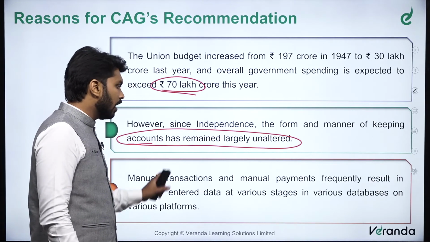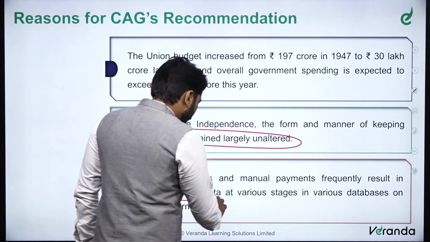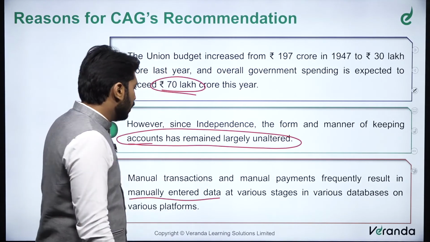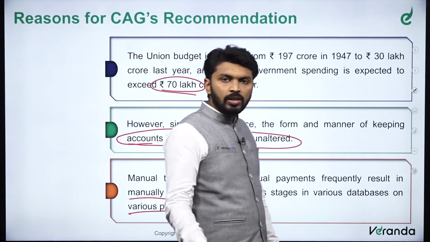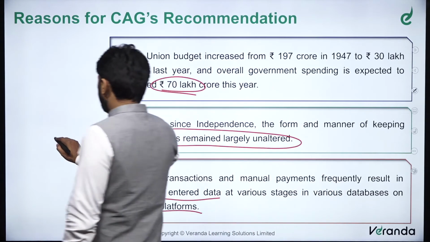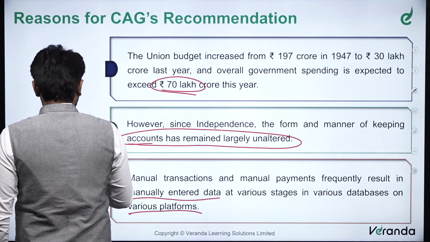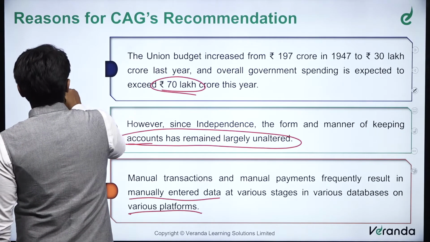Manual transactions and manual payments frequently result in manually entered data. So every manual transaction and payment has to be entered manually, right? At various stages, in various databases, on various platforms. So this will lead to double entry, data duplication.